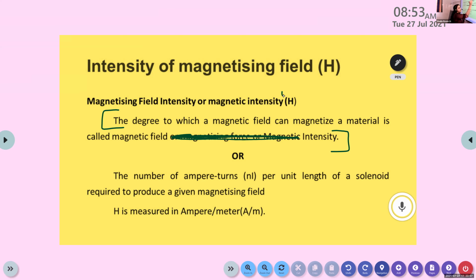It is represented by capital H, and the unit of H, magnetic field intensity, is ampere per meter.